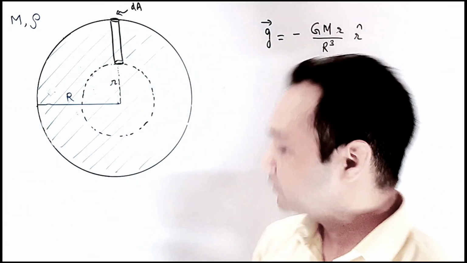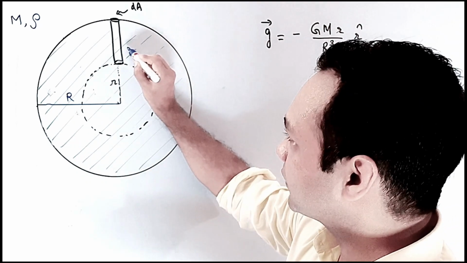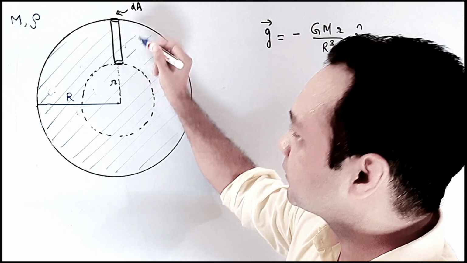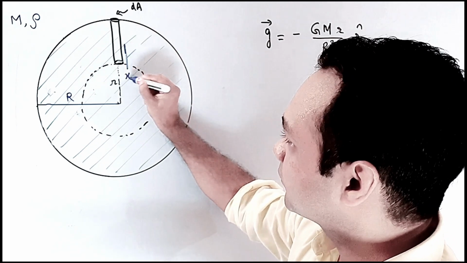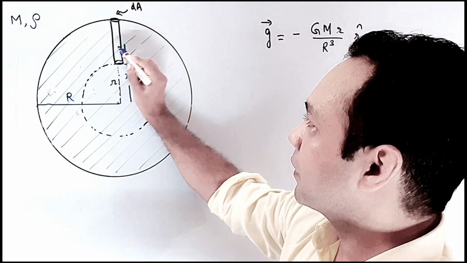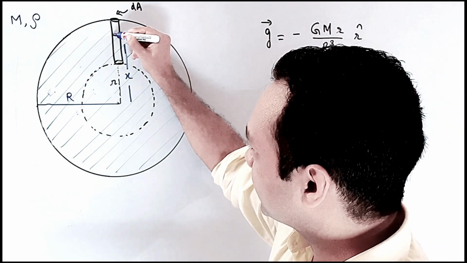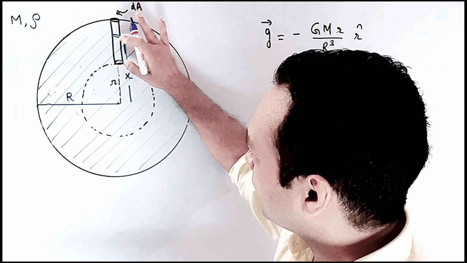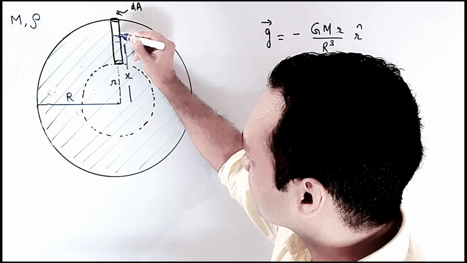For that, I am going to take a position x from here, and take a little section of this cylinder of length dx. So this section is dx.